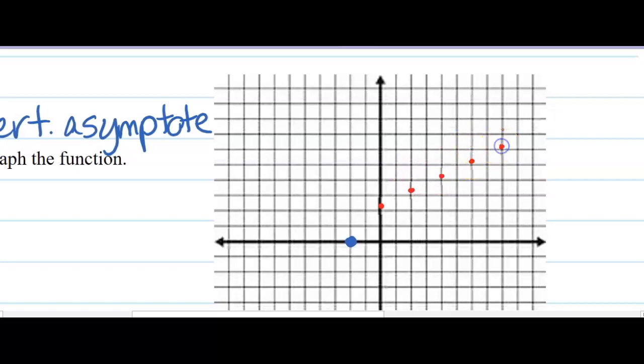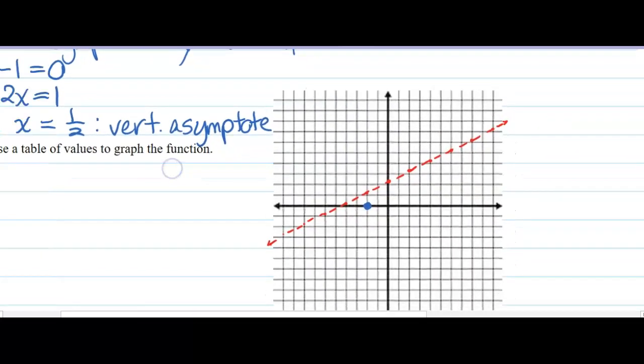And this is our slant asymptote, or our oblique asymptote. We can connect them with a dotted line. We also have a vertical asymptote when x equals 1/2, which would be right here.